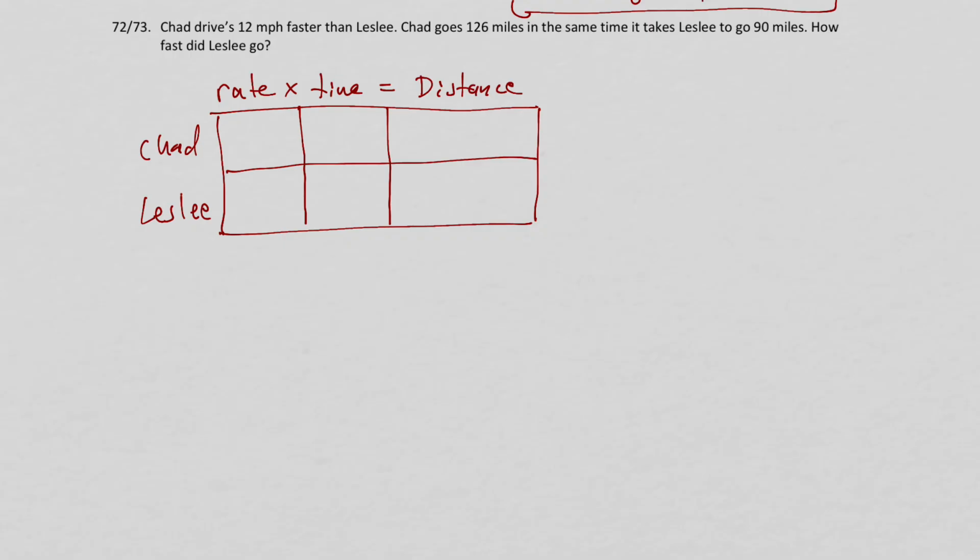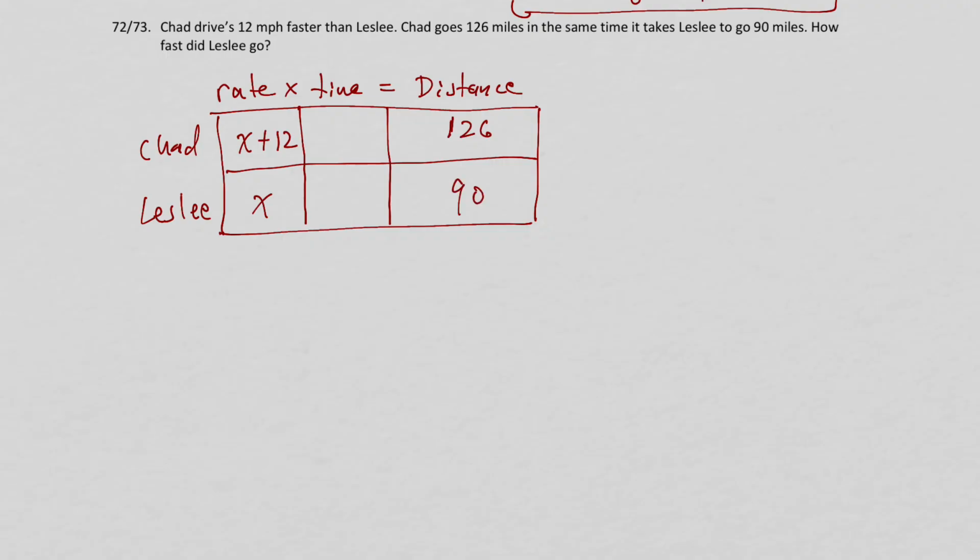Now, it says that Chad drives 12 miles per hour faster than Leslie. So we don't know how fast Leslie goes, but Chad goes 12 miles per hour more than that. Chad goes 126 miles, so this is 126. And the same time that Leslie goes 90 miles, so Leslie's distance is 90.